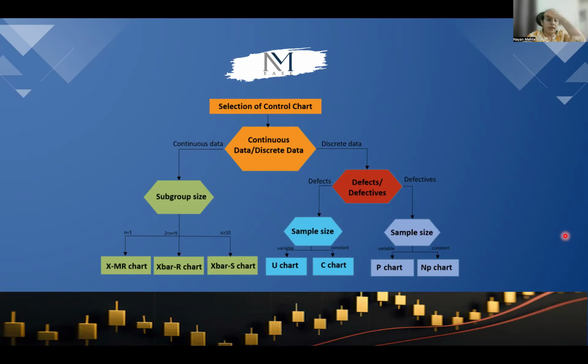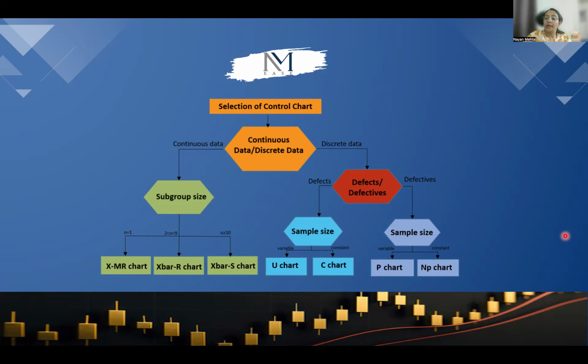All right. Then we have the variable data, which comes under measurement. This type of data represents actual measurable values like length of the shirt, weight of anything, thickness of anything, right?